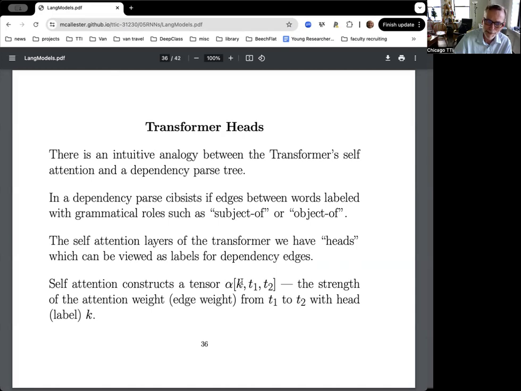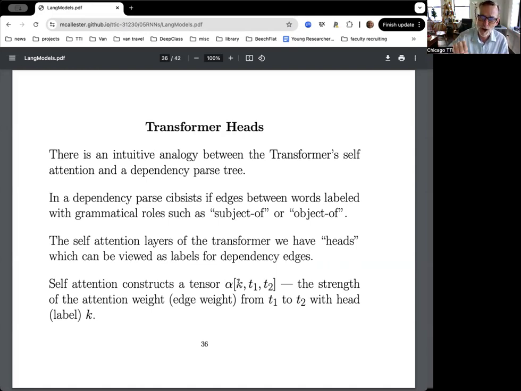And one way to think about this is that the head might correspond to a syntactic relation. So if I've got a verb in the sentence, I might want to know where is its subject. And I might want to know where is its object. Like, Mary saw John.